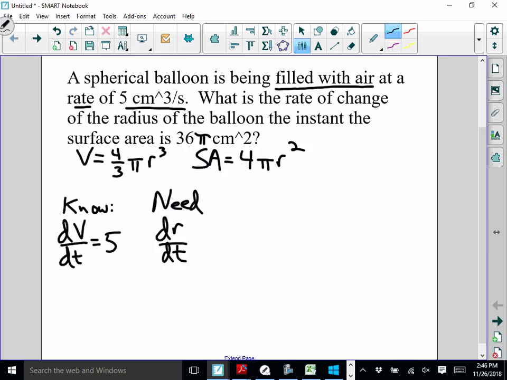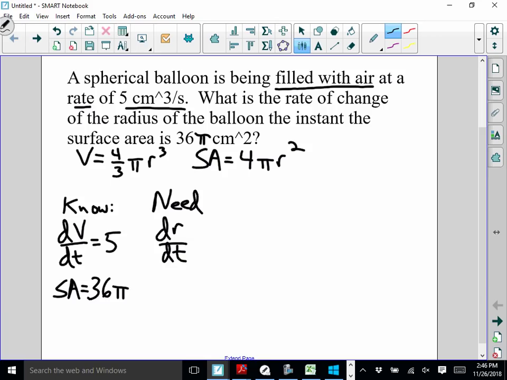It's not a rate because it's not centimeters squared per second. So I know that the surface area equals 36 pi. That's all I can really get right now. Now we might need to do some more later. Spoiler alert, we will. But that's all that's explicitly given to us.